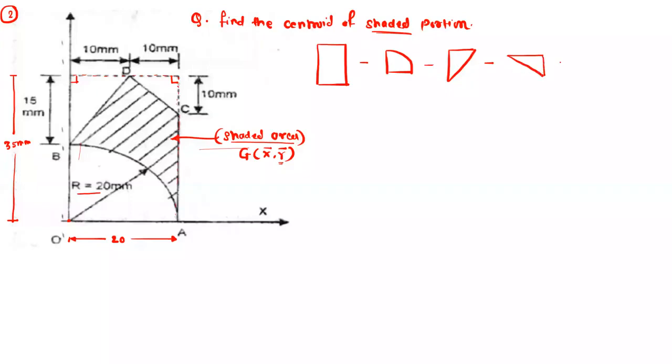Then we will get the required geometry, which is the shaded area. For this geometry we have to find the center of gravity. So we have to locate x bar and y bar.